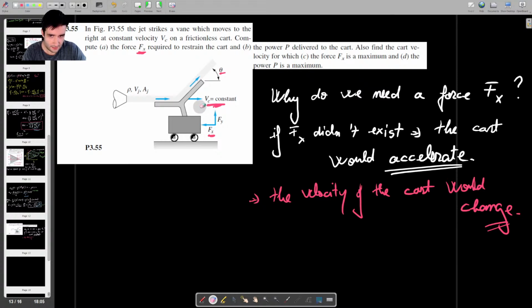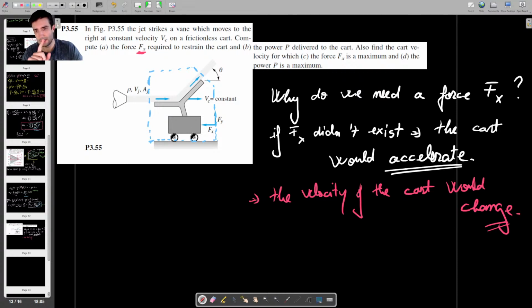Now, other than that, what I would do to solve this is I would first draw my control volume. So I would draw something like this around the cart, and then around this part where you have the water jet leaving, and so on.